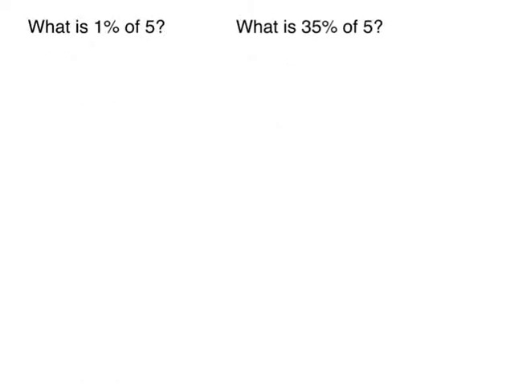Alright, final 2. What is 1% of 5? If I move my decimal 2 places, I'm going to have 5 hundredths. So if 5 hundredths is 1% of 5, what is 35% of 5?